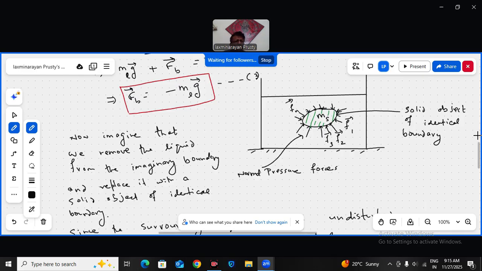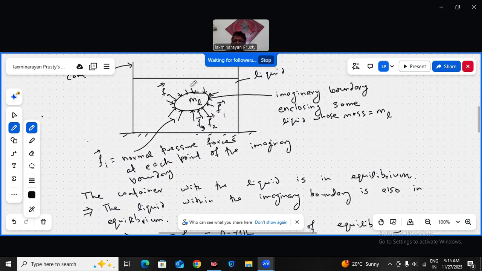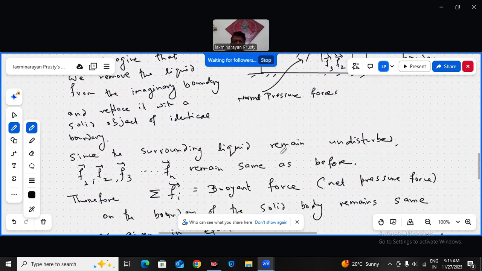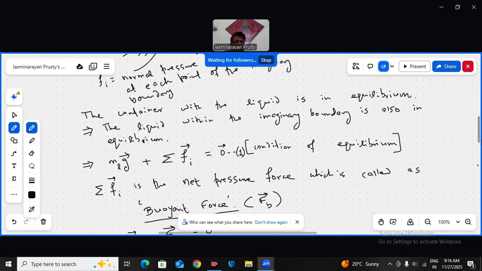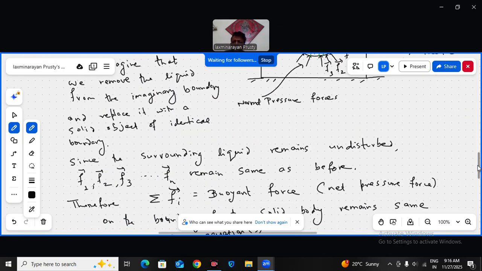So the f1, f2, f3 will remain as before. They will remain as in this figure also. Their values will remain. Understood this? Since the surrounding liquid remains undisturbed, the f1, f2, f3, fn remain the same as before. Whatever the values of f1, f2, fn, the same values will be here also, because we have not made any changes there.